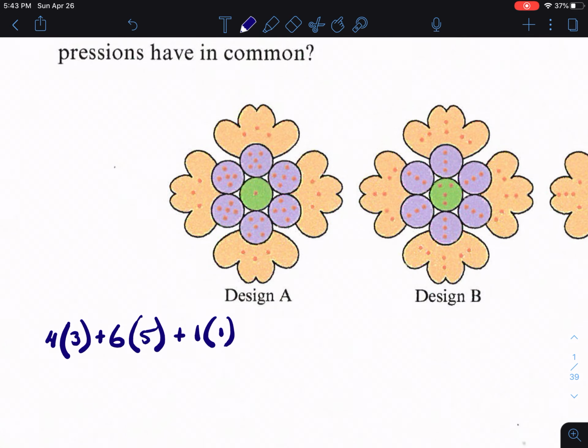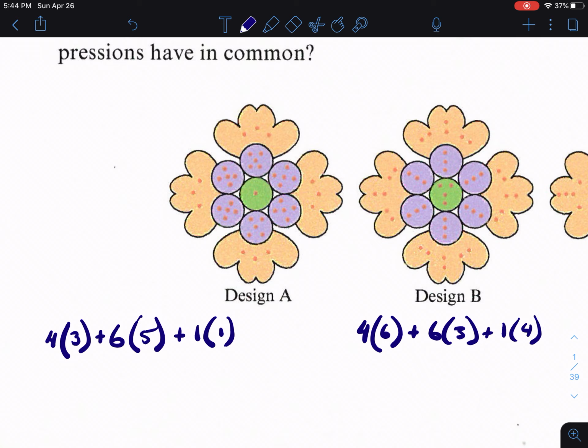visualize it. But then for design B, we have the same design, but the dots are labeled or distributed in different ways. So for example, we have 6 dots in the 4 green petals, and we have 3 dots in the purple circles and 4 dots in the green circle. But we could still write this out: 4 times 6 plus 6 times 3 plus 1 times 4.